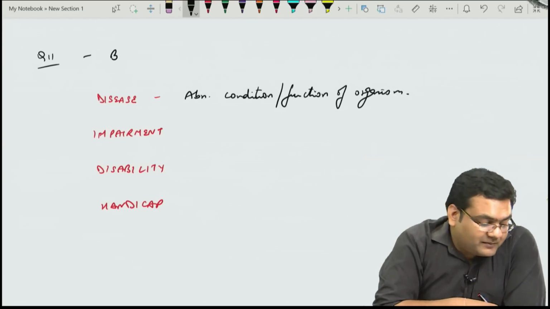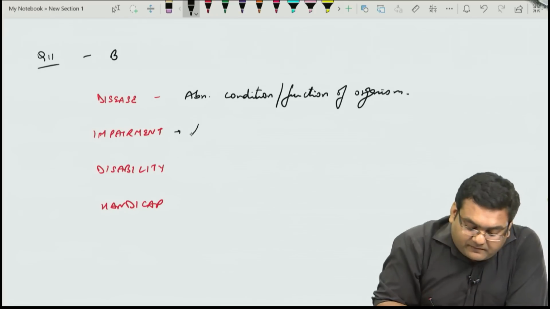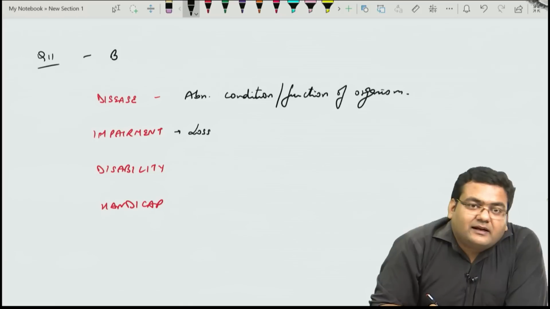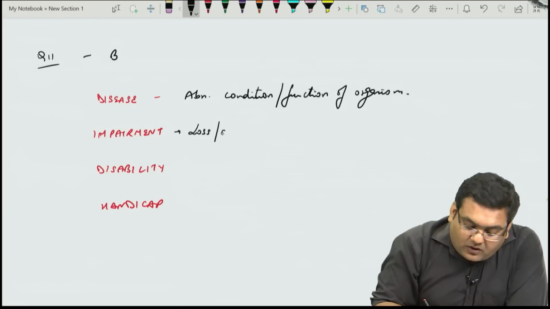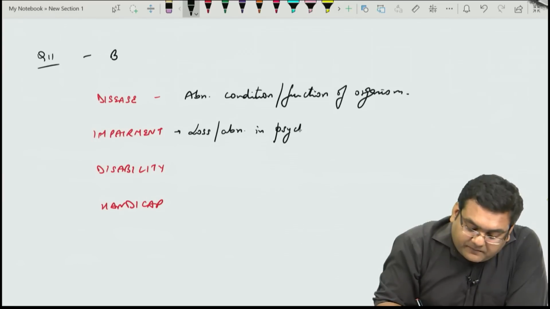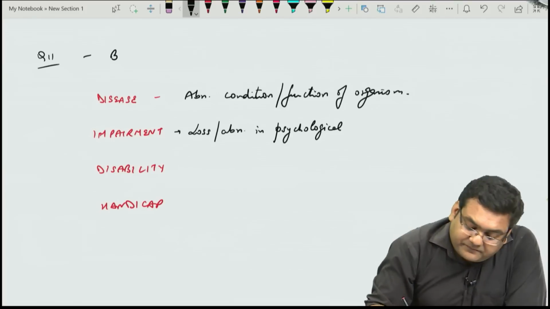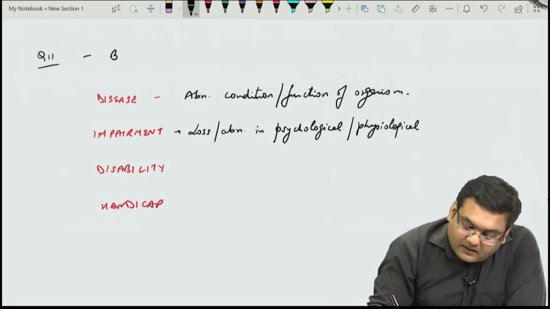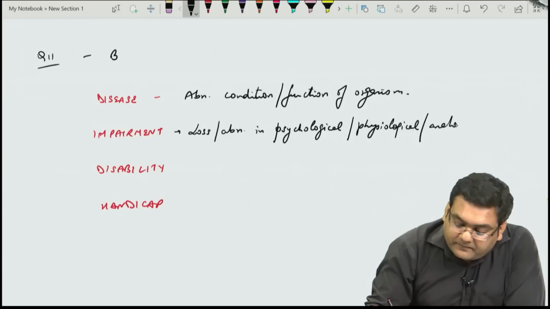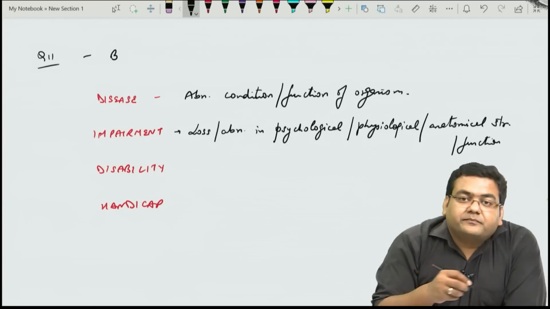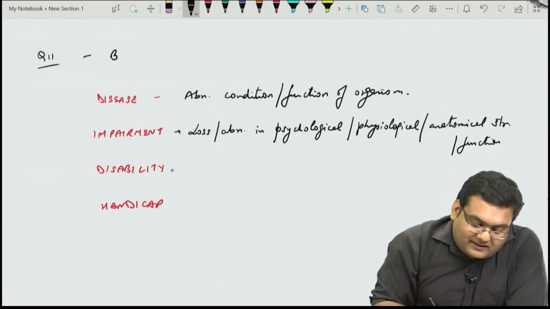Now, what is impairment? It is defined as either loss or abnormality in psychological, physiological or anatomical structure or function. What does disability mean?